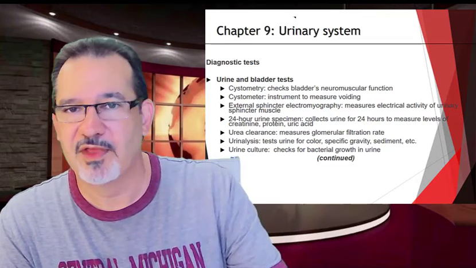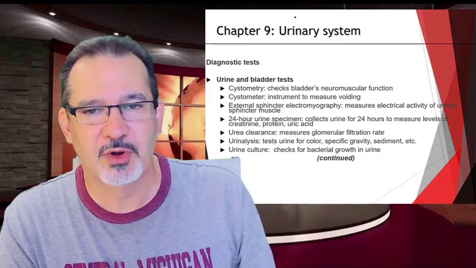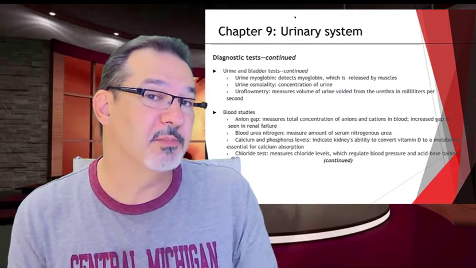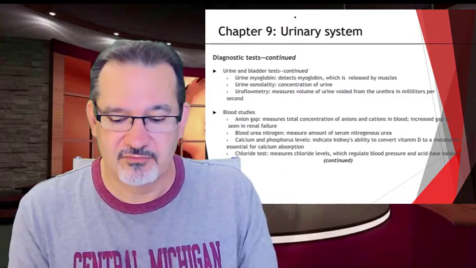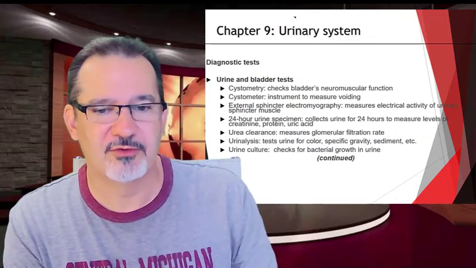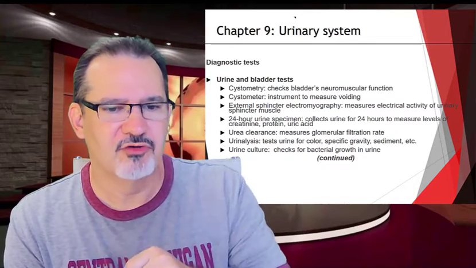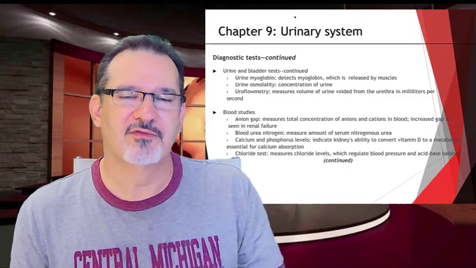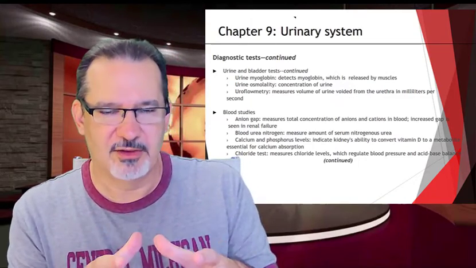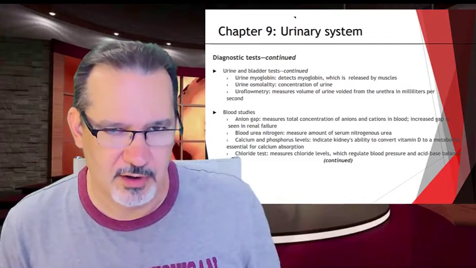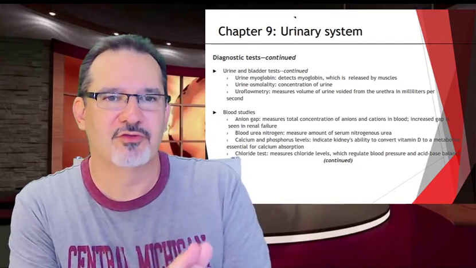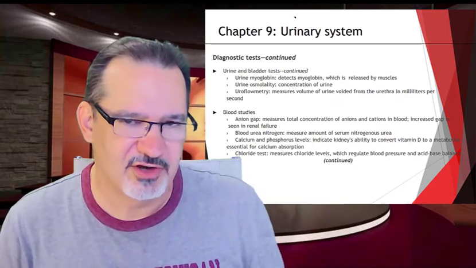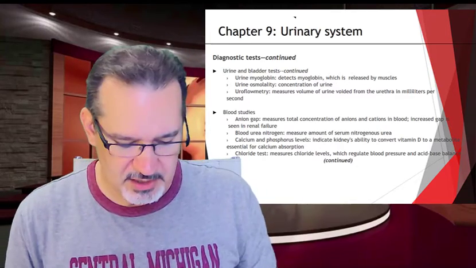That's one that I've done many of for patients where we collect urine for a 24-hour period, and then usually look for specific substances. I believe they talked about creatinine, protein, uric acid. We're looking for the total amount of that substance secreted during a 24-hour period. And then results from that can give us information as to what disease process might be going on.